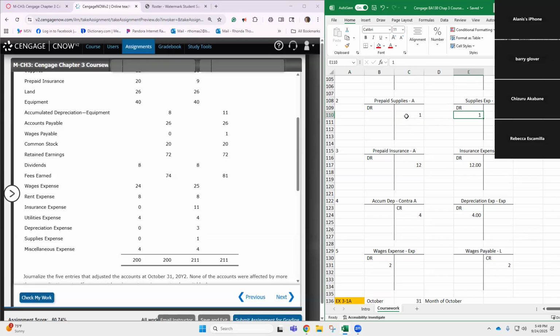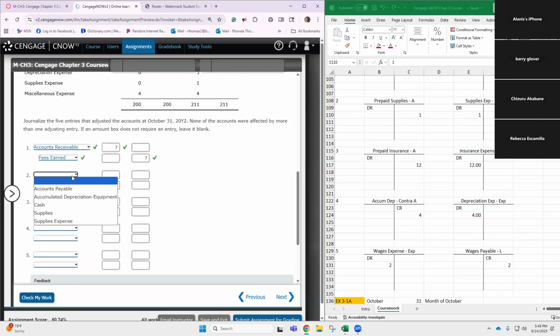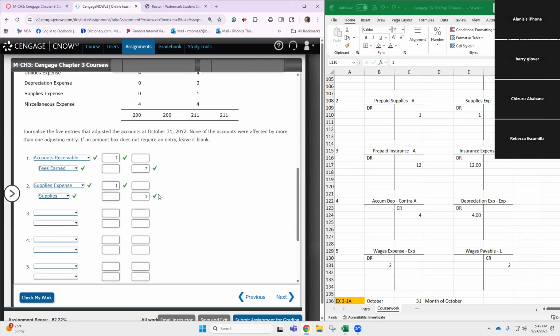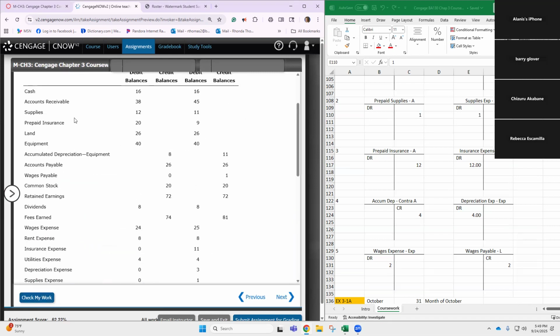All right, so the 1 is going to be debited to supplies expense, and the 1 is going to be credited to supplies. So let's put supplies expense 1, and supplies went down by that amount because it's an asset. Okay, if you want to check your work, that's fine. Okay, we're going to keep going.